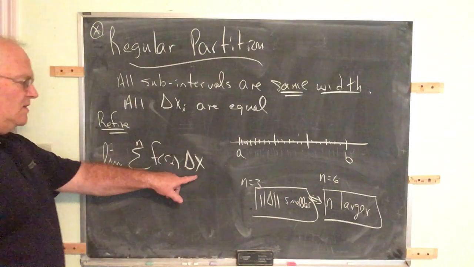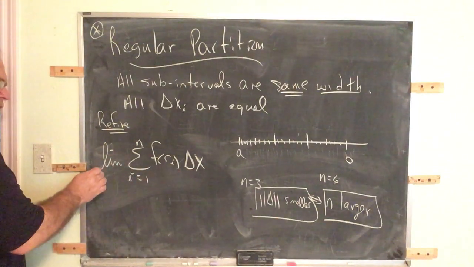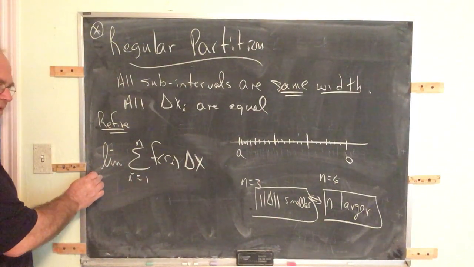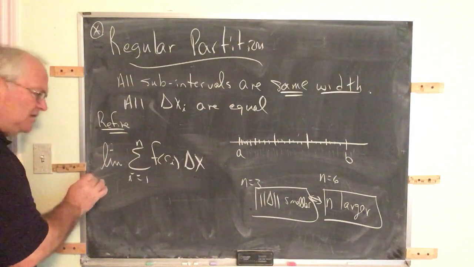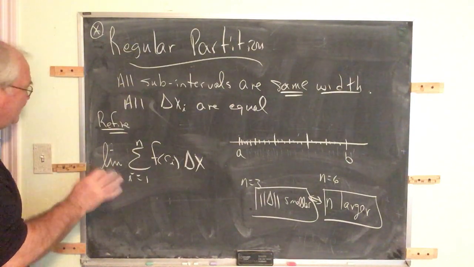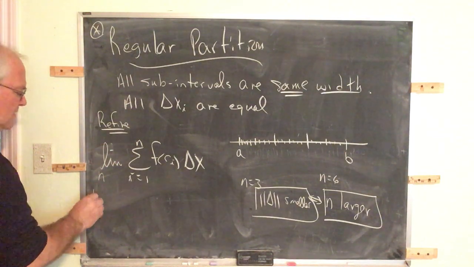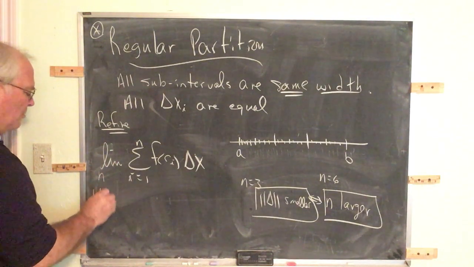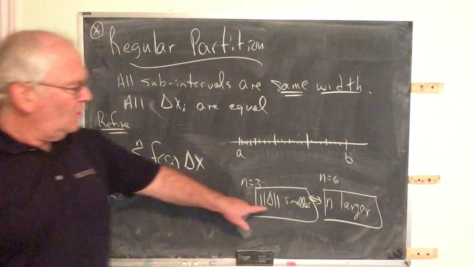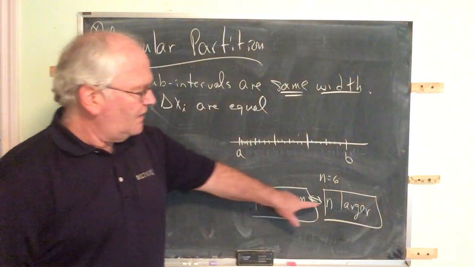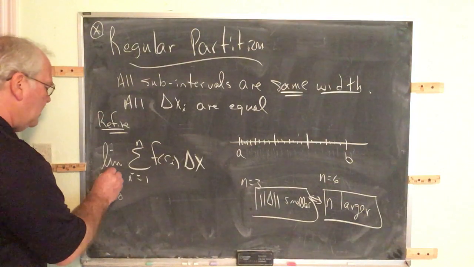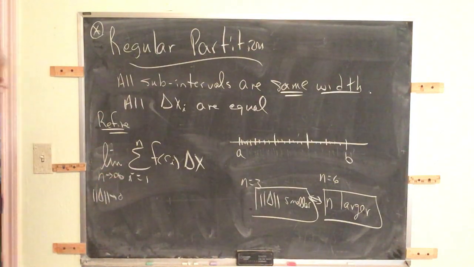Now we may simply write delta x. Now, before we had limit as norm goes to 0, the computation is much more straightforward. It doesn't seem easier, but the computation is much easier. Instead of saying norm of the partition goes to 0, the norm of the partition goes to 0 if and only if n goes to infinity.